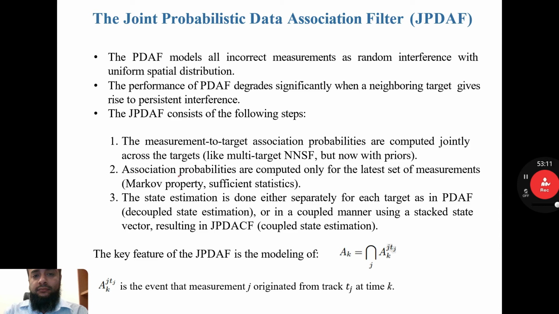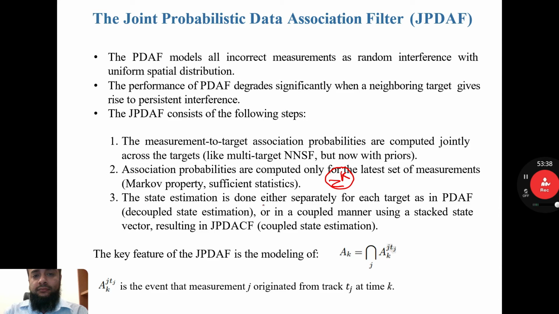The association probabilities are computed only for the latest set of measurements. It means the beta association probabilities are computed for only the current scan measurement, like Z_k. So for Z_k, the association probabilities are calculated based on the current measurement.